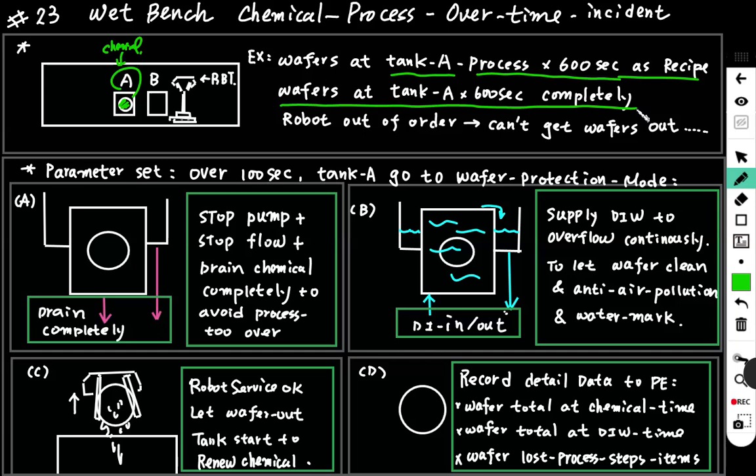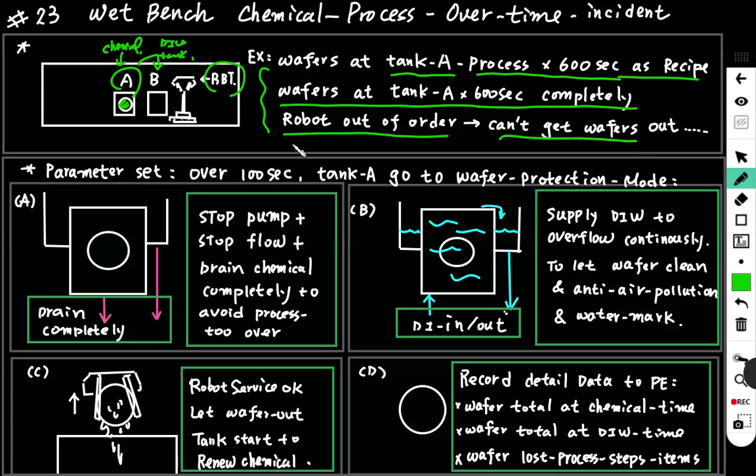The robot is supposed to take the wafer out and go to the next DI water tank B to clean the wafer, but at this moment the robot is out of order and cannot get the wafer out.